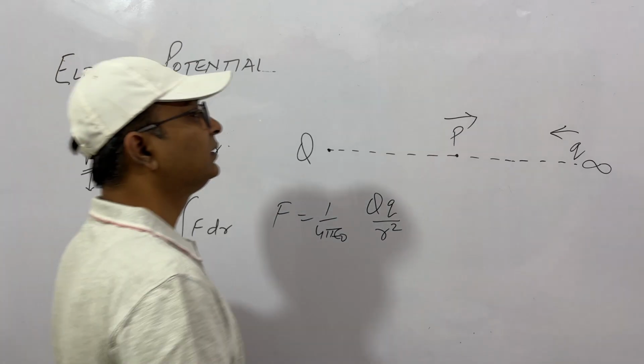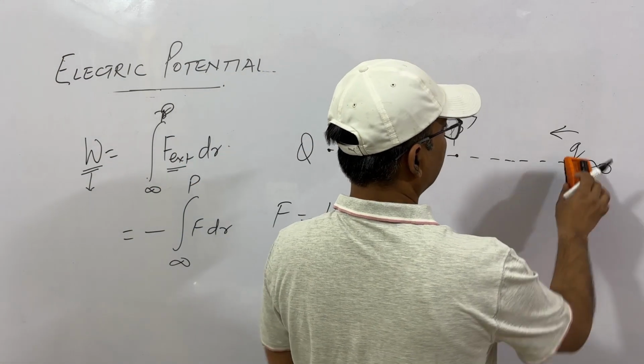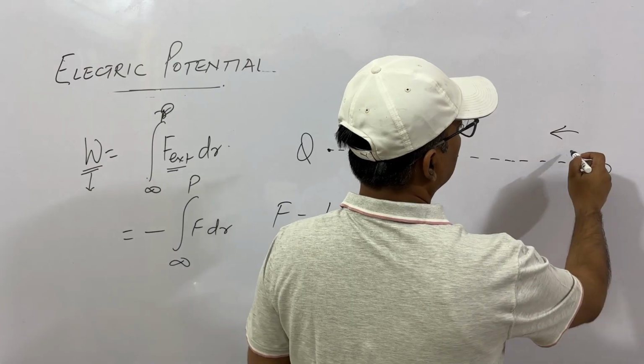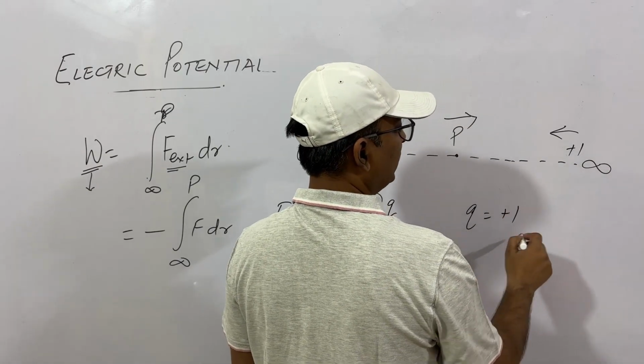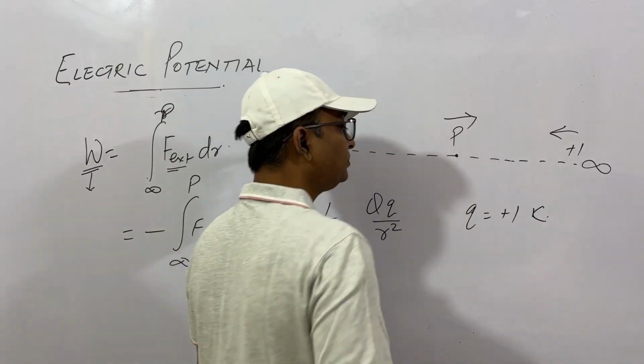What if this charge is a unit positive charge instead of any charge? What if this is plus 1 coulomb?